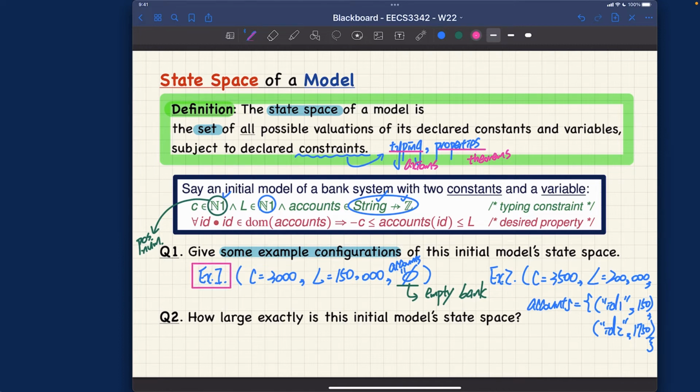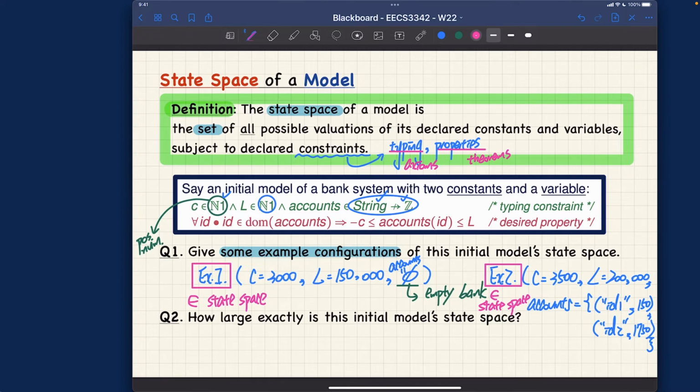So you can think about this as a member of the state space of this particular initial model, and similarly, this is also a valid member of the state space. Hopefully, so far so good. It's really important for you to at least come up with some example valid valuation or configuration that will be members of the state space.